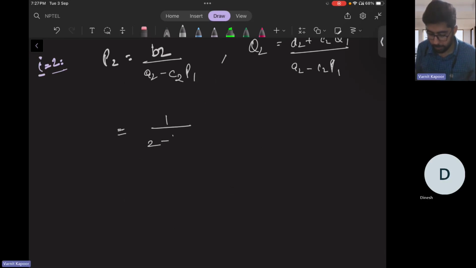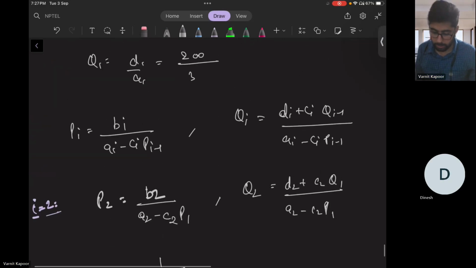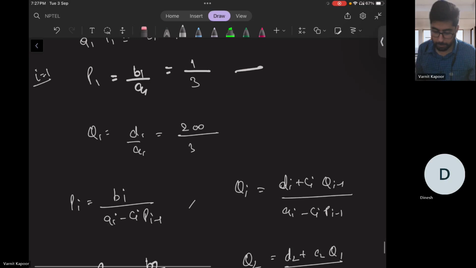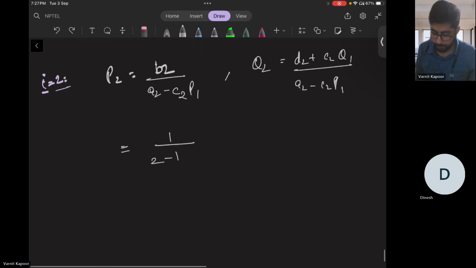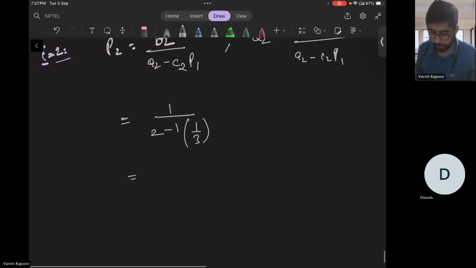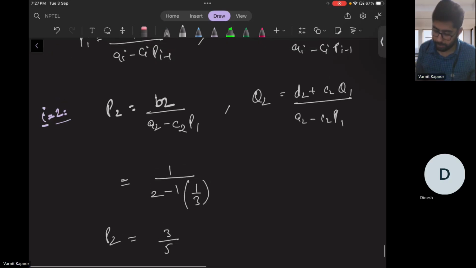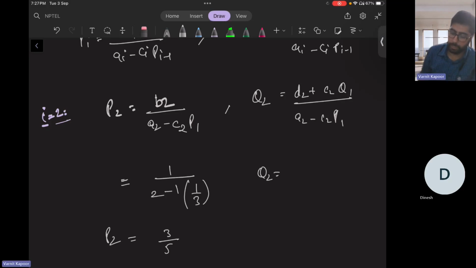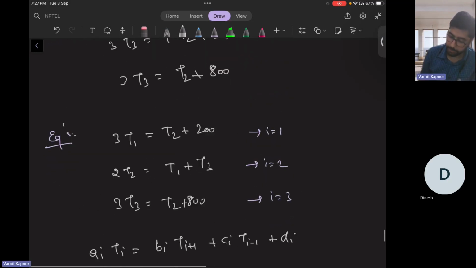So 1 upon 2 minus 1, and P1 you have calculated as 1 by 3. So that is 3 over 5. This is your P2. Similarly, Q2 will be how much? What is the coefficient D2 in the second equation?